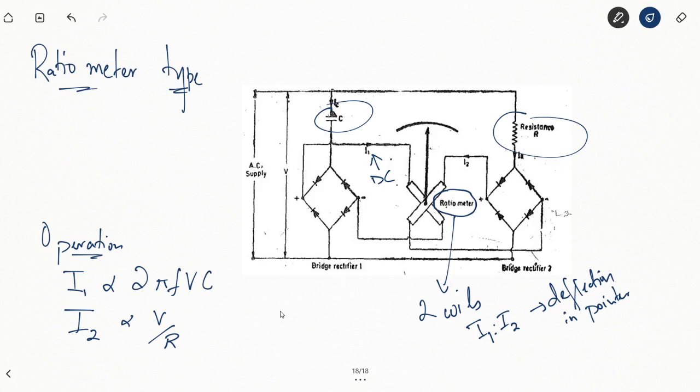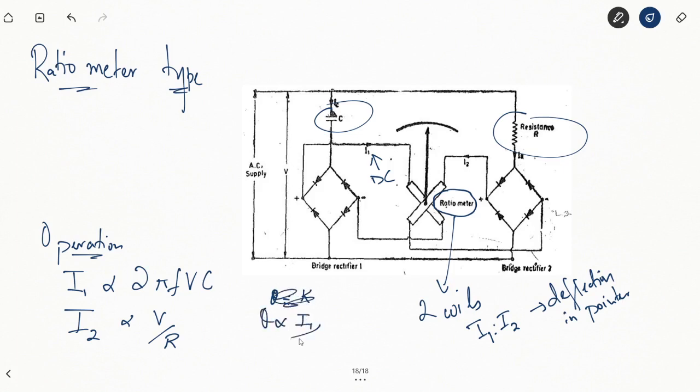We are not using any mechanism to smooth out these DC currents. So they will produce a static magnetic field, causing an induced torque that will cause the deflection of the pointer. This deflection of the pointer will be proportional to I1 by I2.